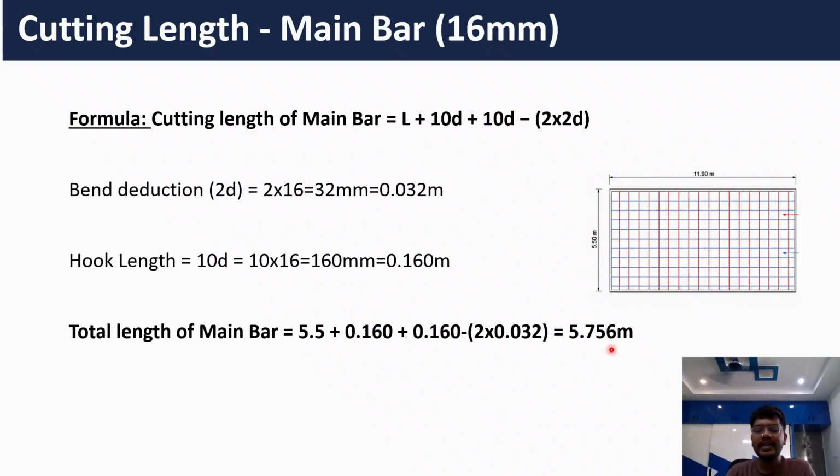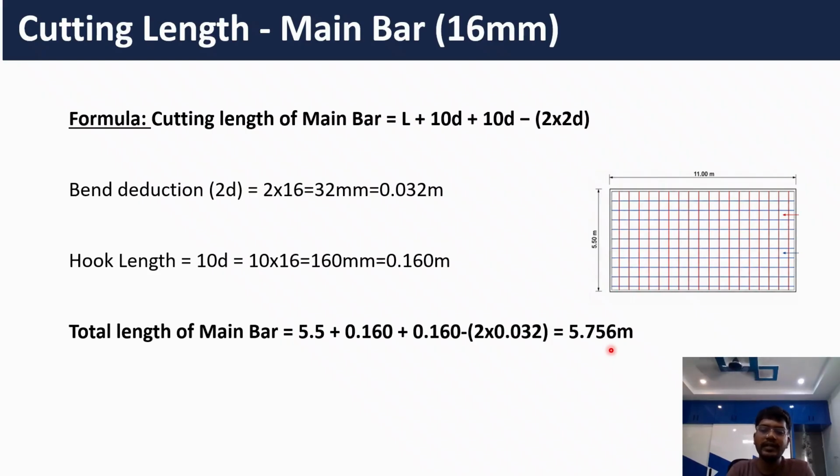This is the exact length the worker should cut on site. Now some students might ask, Sir, why are we subtracting bend deduction? Excellent question. When steel bends, part of the bend already consumes length internally. Hence we deduct it.